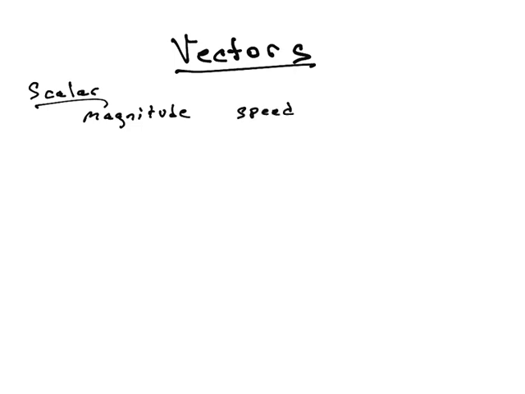A speed is what's called a scalar. 10 meters per second, let's say. It's basically saying how fast, the magnitude of their speed, how much. Or you turn on the Weather Channel and ask what the temperature is outside, and they say it's 85 degrees Fahrenheit. Temperature is also a scalar.